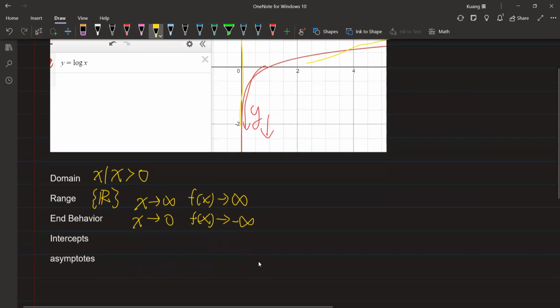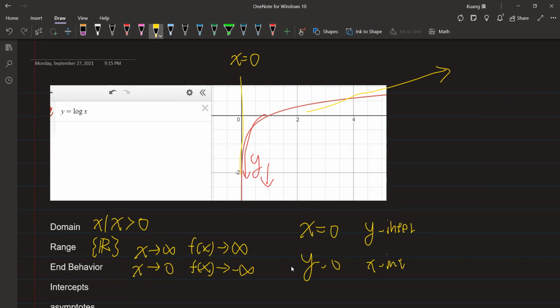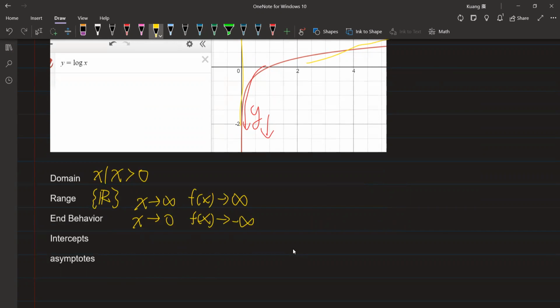Intercept: you plug in x equals 0 to find the y-intercept, and you plug in y equals 0 to find the x-intercept. If x equals 0, then y equals log 0. If you see log without a base, it means base 10.